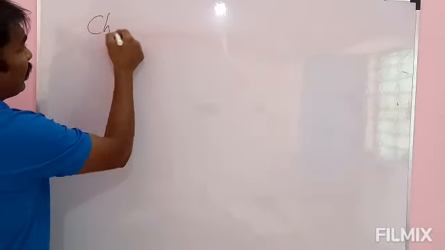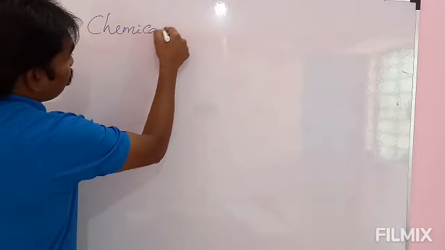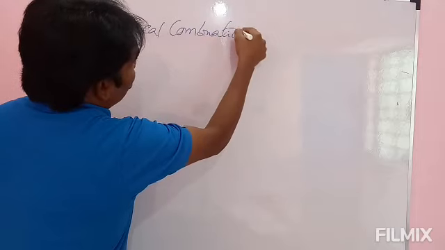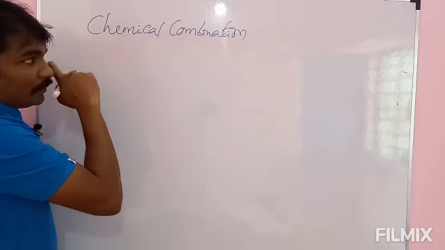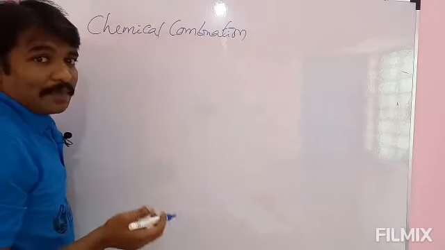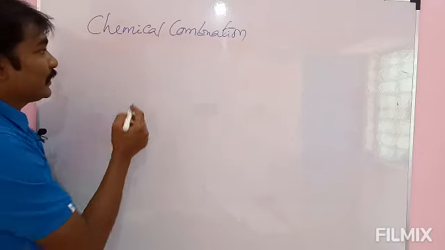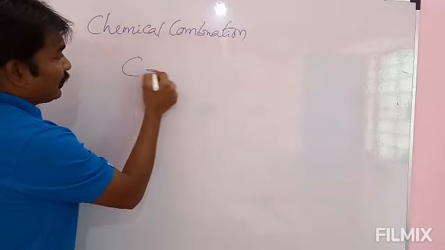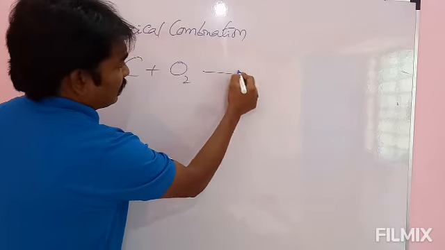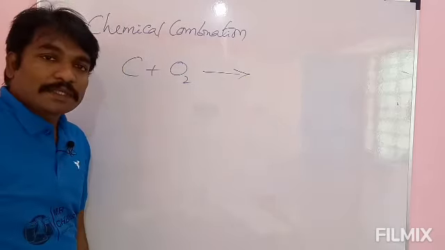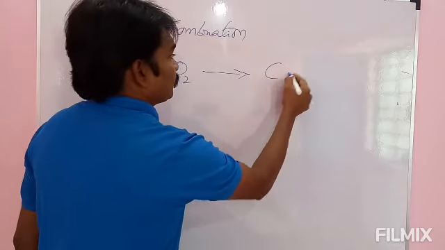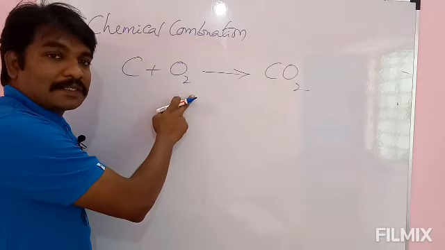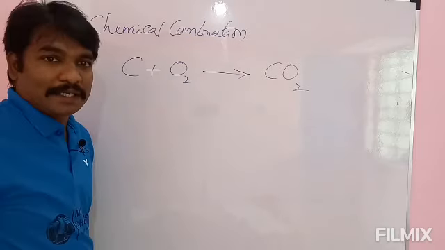Chemical combination reaction. Two different substances, I mean reactants, react with each other and they form a new product. For example, consider carbon burns in presence of oxygen and it forms carbon dioxide. Here carbon and oxygen combine with each other and form a new substance, carbon dioxide.